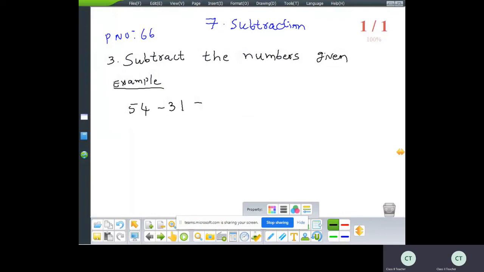Actually, it's called the row method. This is called the row method.